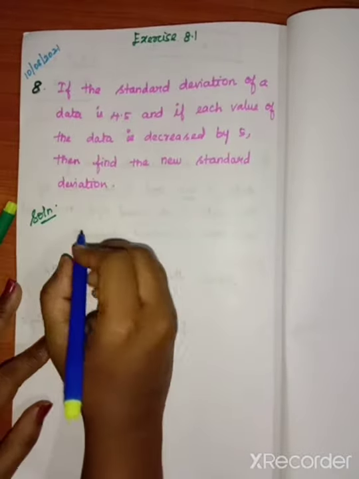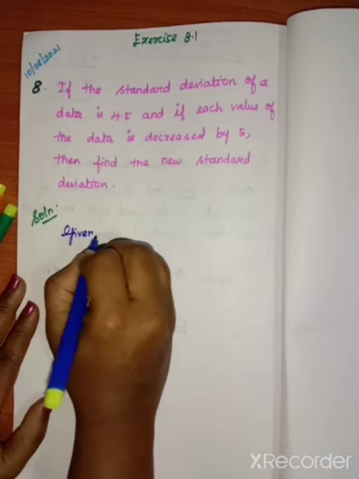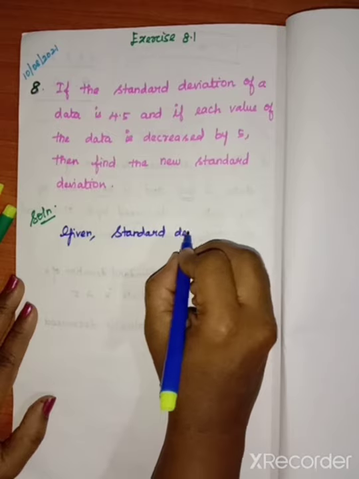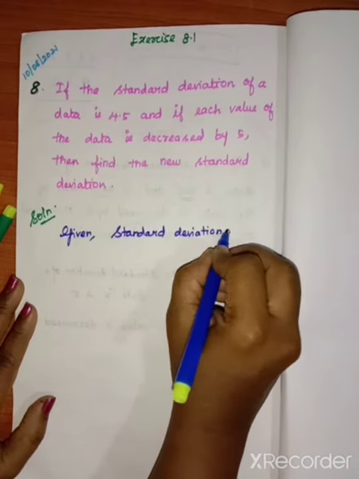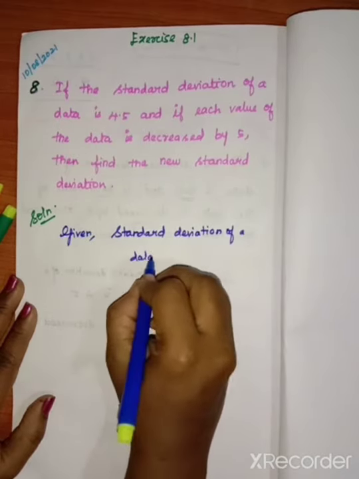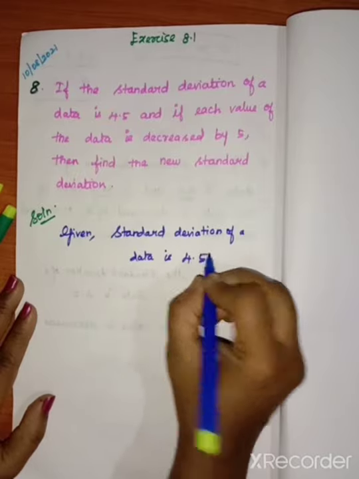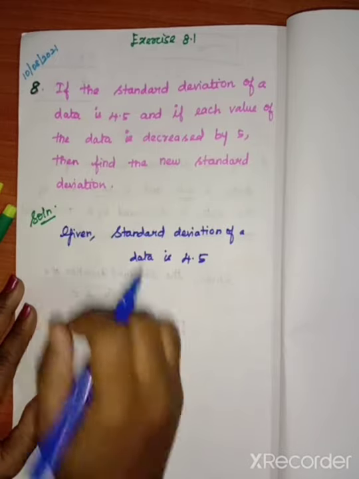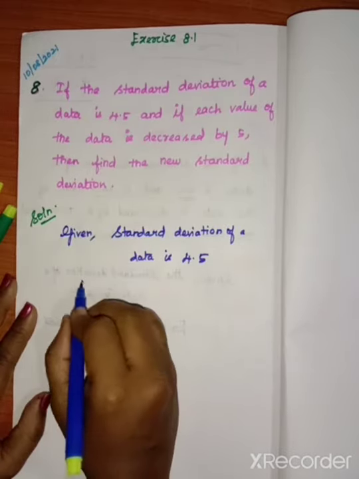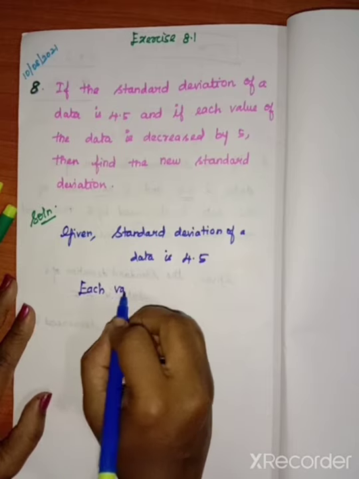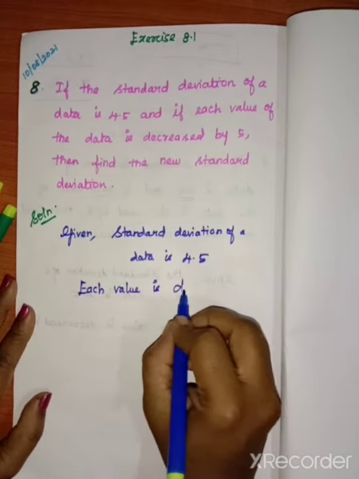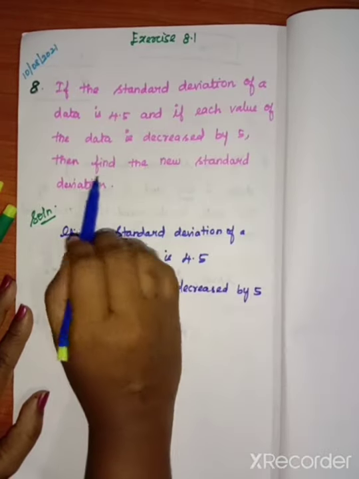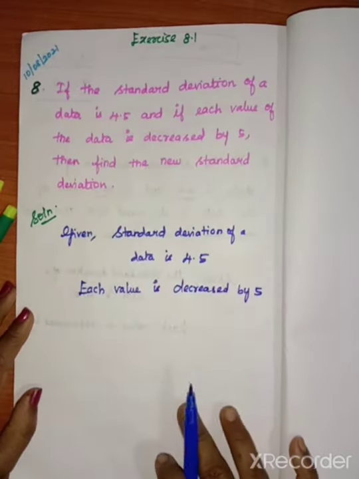So here the given is the standard deviation of the data is 4.5, then each value of the data is decreased by 5. Then we want to find the new standard deviation.